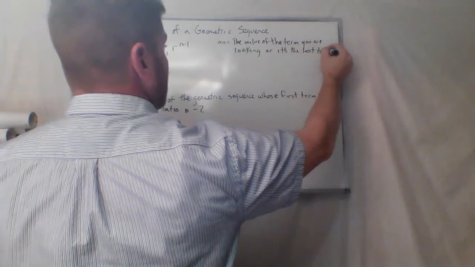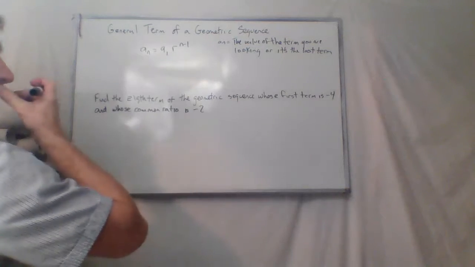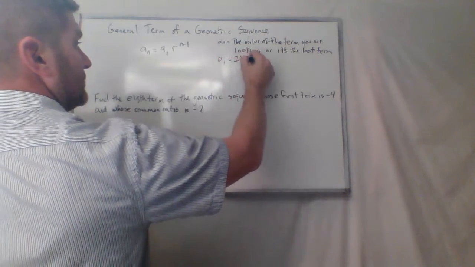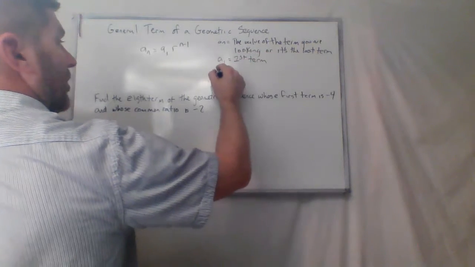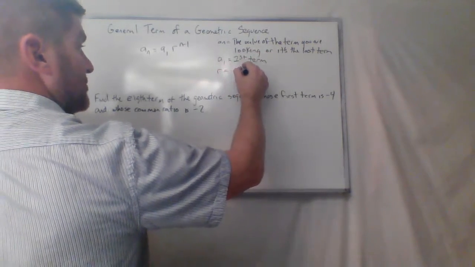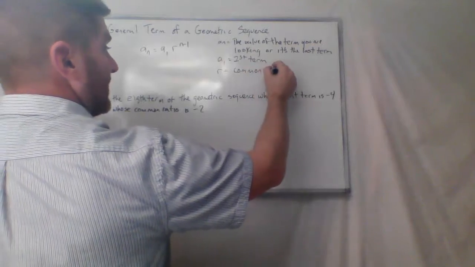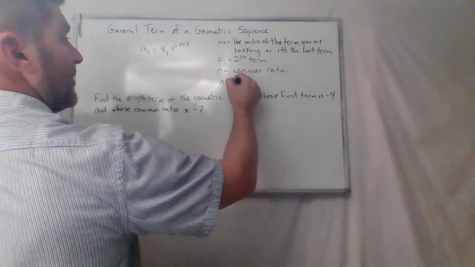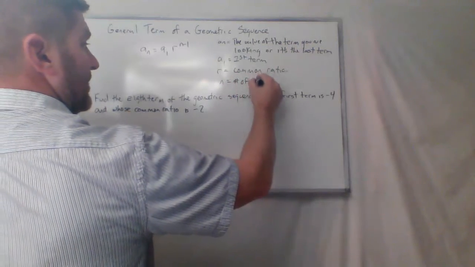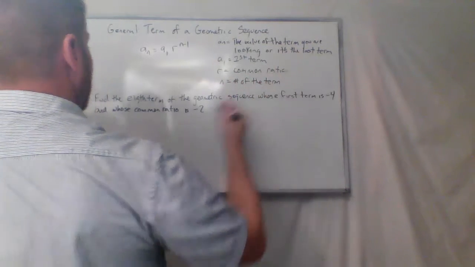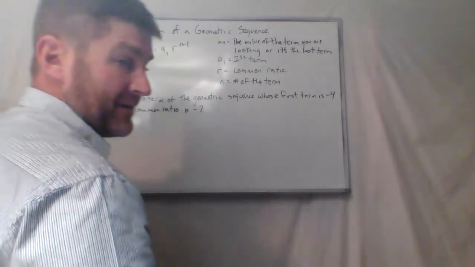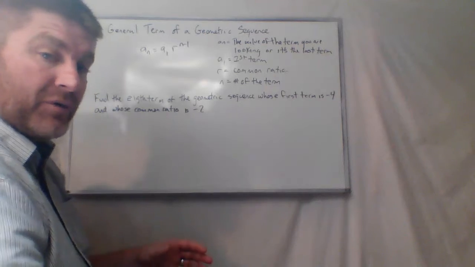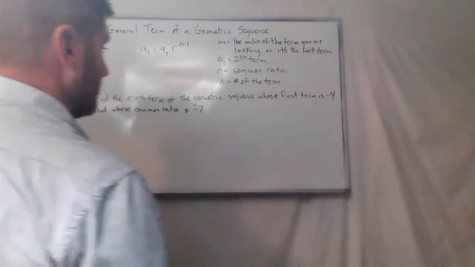A1 is still the first term. And R, we just talked about, is the common ratio, what you're multiplying. And N is the number of the term. So if I want to find the eighth term, that's going to be N. So I'm going to rewrite this to find the explicit formula and then figure out what the eighth term is.